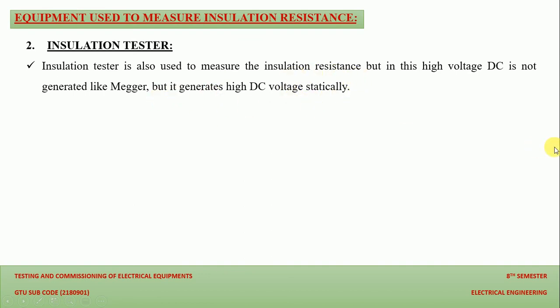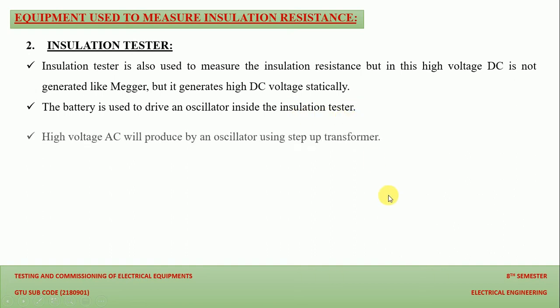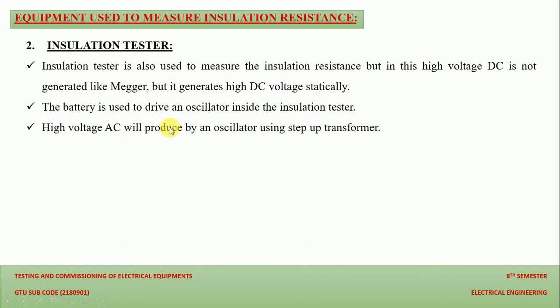Let us discuss how that is possible. In this insulation tester, generally we use a battery to drive the oscillator. The oscillator is nothing but a device which generates oscillating signals, and it is placed inside the insulation tester. High voltage AC is produced by the oscillator using a step up transformer, which is generally used inside the insulation tester.